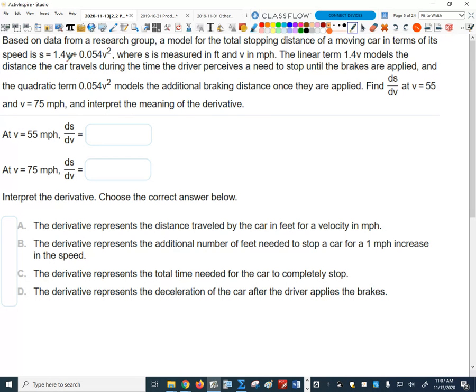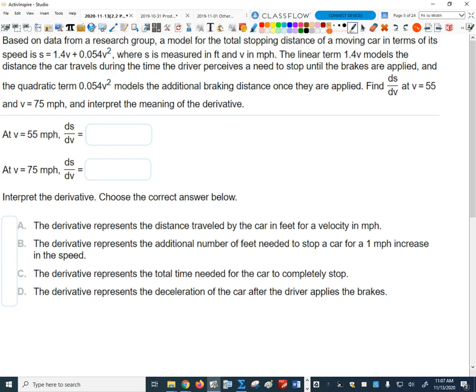The linear term, the 1.4 V, models the distance the car travels from when the driver perceives a need to stop until the time they hit the brake. So I guess that must be something like 1.4 seconds on average. And the quadratic term models the additional braking distance once the brakes are applied.